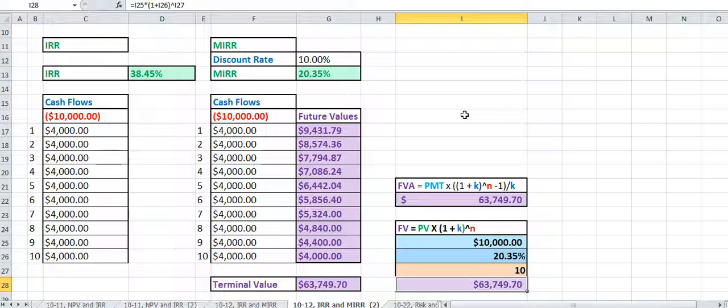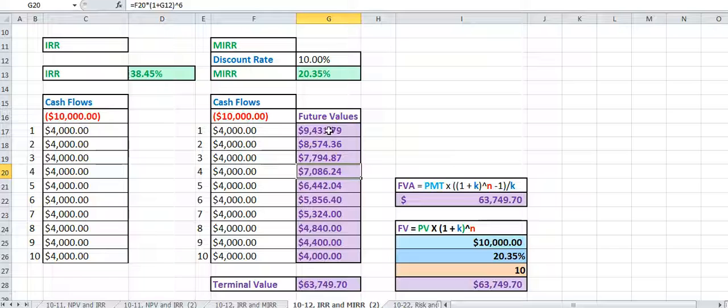So you can also see that when we use this modified internal rate of return, we assume that we're reinvesting at the discount rate, because if you look at all these formulas, the rate I'm using right here is G12, which is 10%.